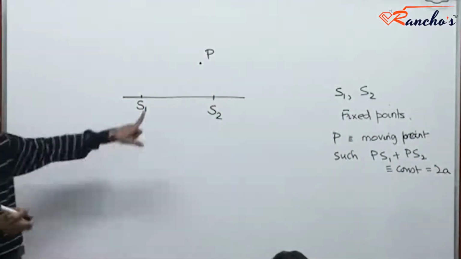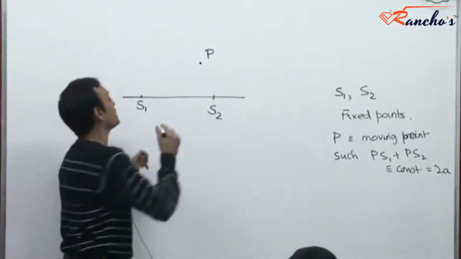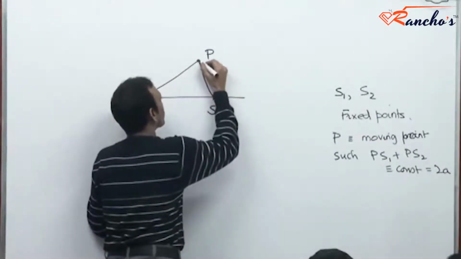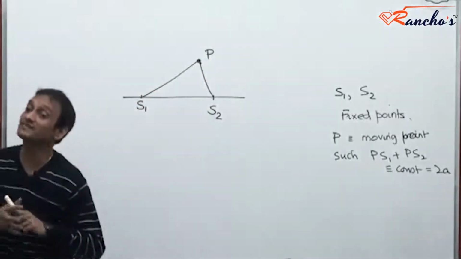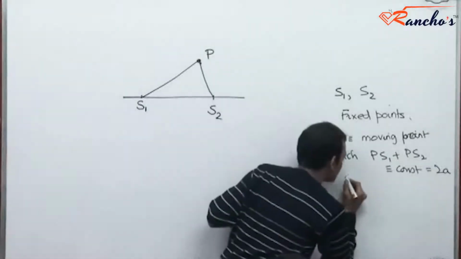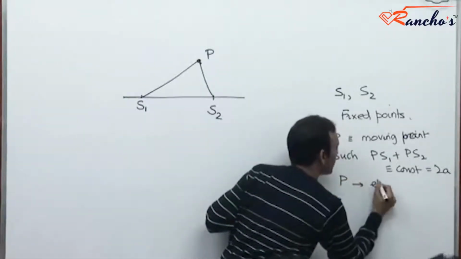The sum of its distances from two fixed points is a constant. Then the path that P describes is referred to as an ellipse.